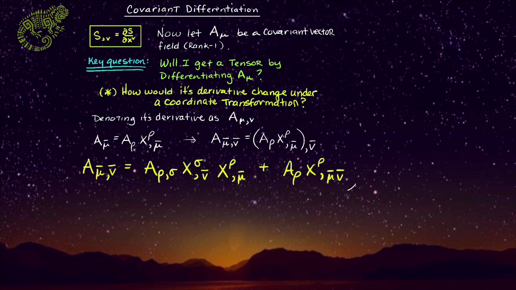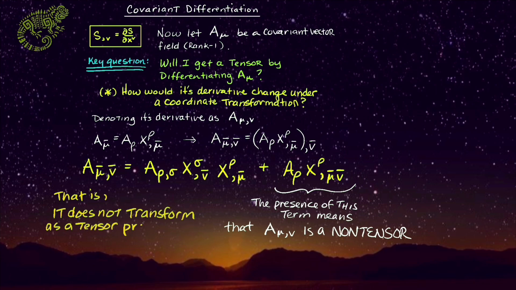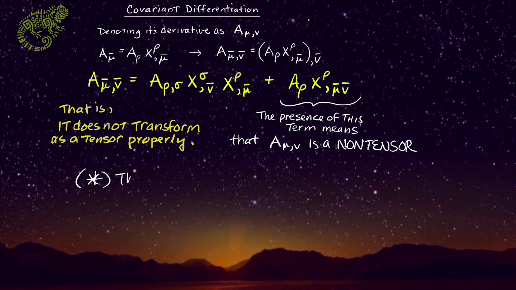One notices in doing this that we obtain a second order term, the presence of this term meaning that A mu comma nu is a non-tensor. That is, it does not transform as a tensor properly under the quotient theorem.